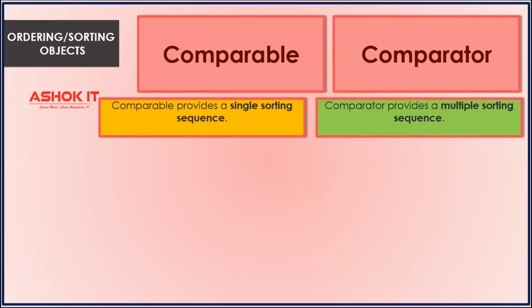On the basis of single parameter, we can sort the collection. Whereas in case of comparator, it provides multiple sorting sequence. That means we can sort the collection on basis of multiple elements. So we can use ID also, name also, age also, or any parameter of the class to sort the collections.